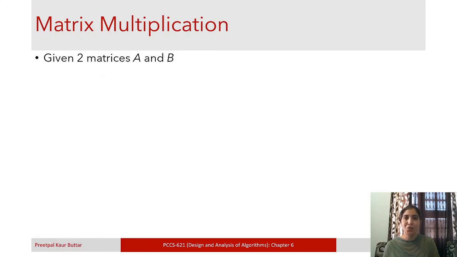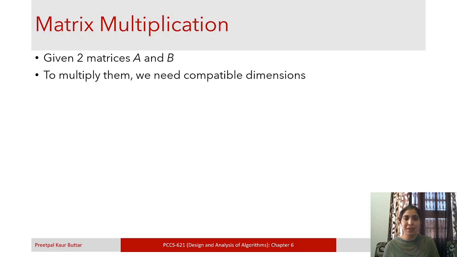So we have two matrices A and B. If we want to multiply any two matrices A and B, then we need compatible dimensions. So what are compatible dimensions? It means that if the dimensions of A are m cross n, meaning there are m rows and n columns, and the dimensions of B are n cross p, meaning n rows and p columns, then we say that their dimensions are compatible.